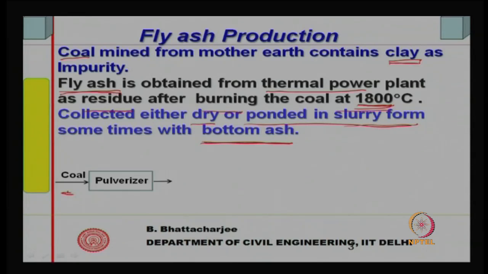The coal is pulverized or made into fine powder, then combustion occurs in furnaces. From the combustion, the flue gases go through the chimney, and this goes through what are called electrostatic precipitators, because fly ash being fine particles would otherwise have gone to the atmosphere, but is considered a hazard from an environmental and health point of view.